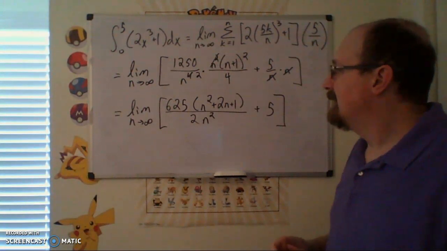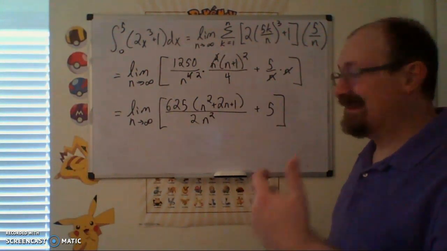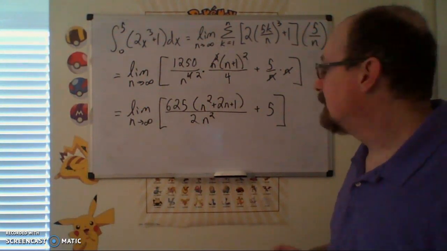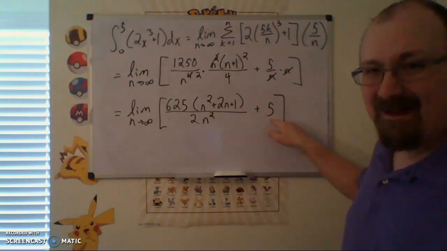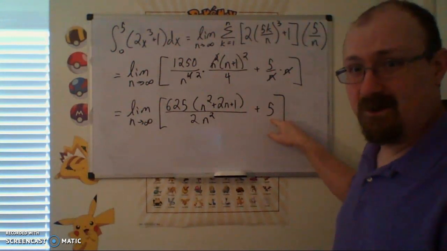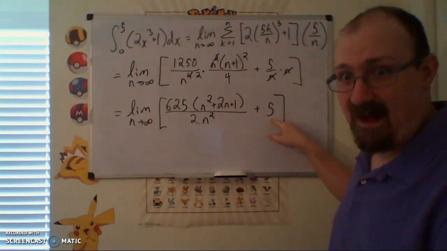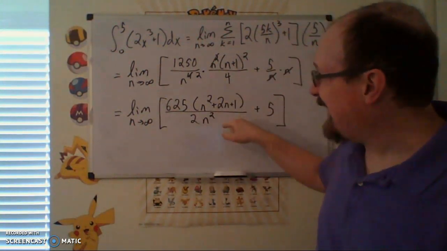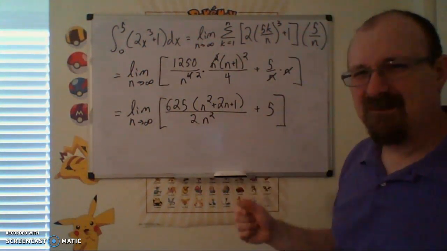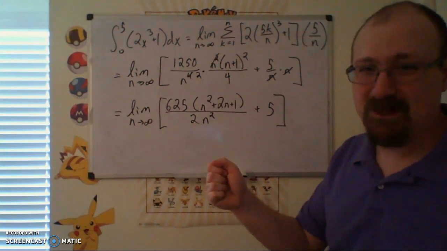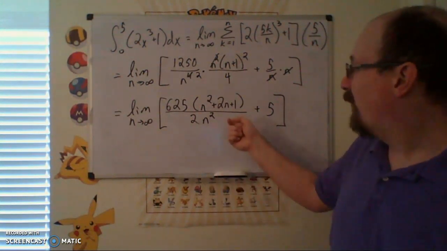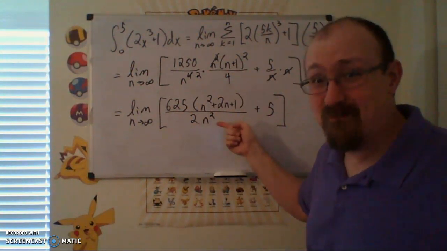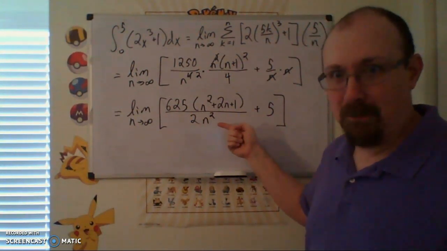All right. Now, I want to take the limit of this thing as I let n run off to infinity. So, well, 5 don't care. There's no n. 5 just wants to be 5. So we've got that right there. This guy, he's a rational function, and if you think way back to when we were talking about limits in chapter 1, we saw how to deal with limits of rational functions like this as we let n get bigger and bigger and bigger.